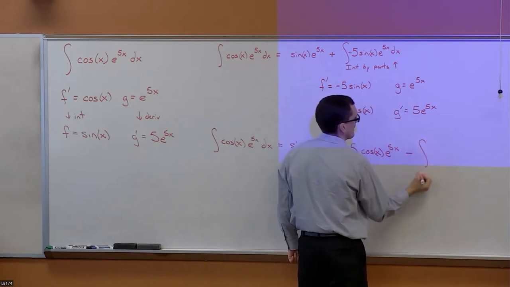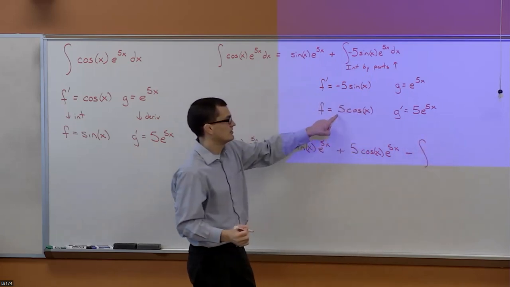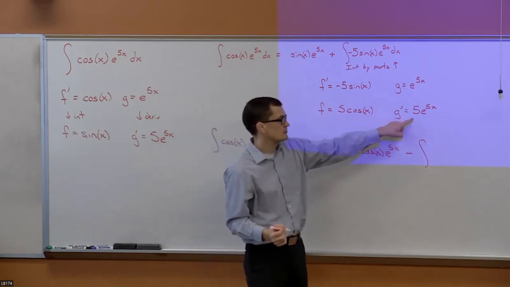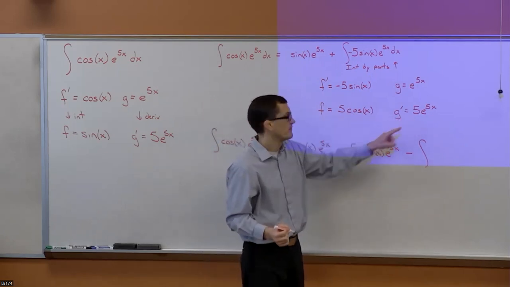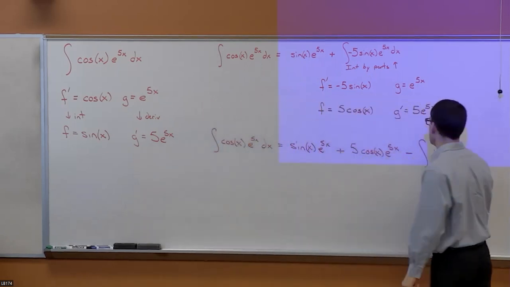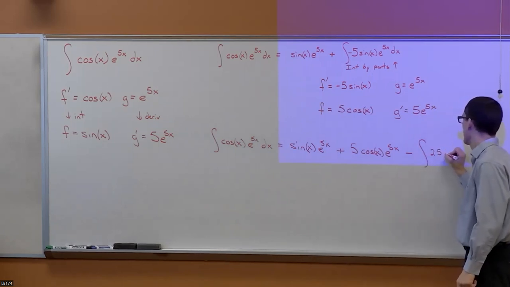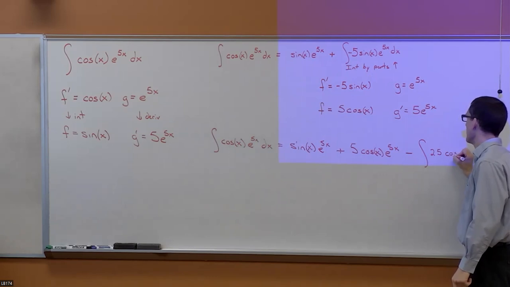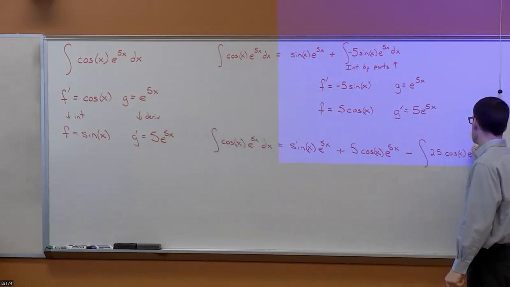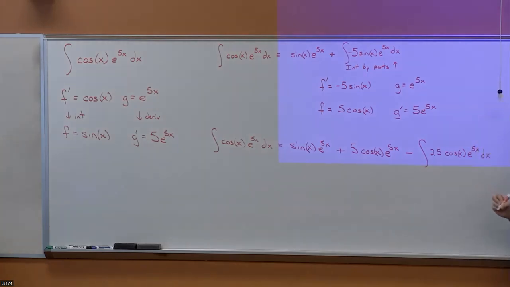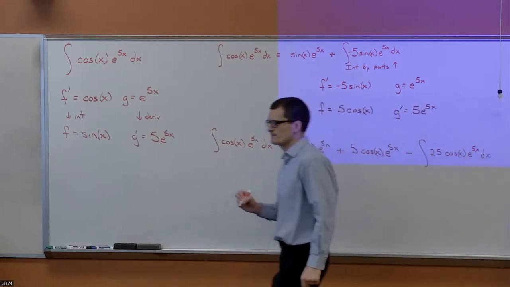Minus integrate our new f times our new g prime. That's going to be 25 cosine of x, e to the 5x integrated with respect to x, when I do all that.